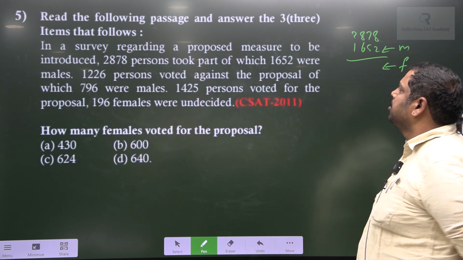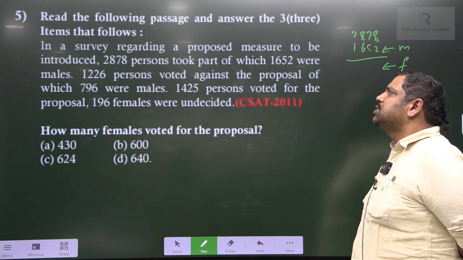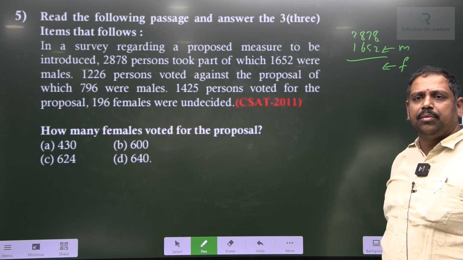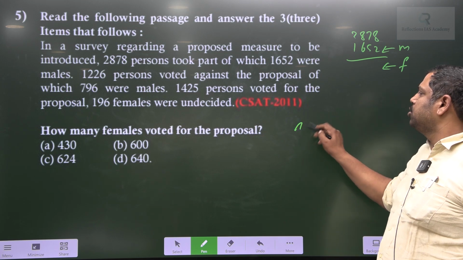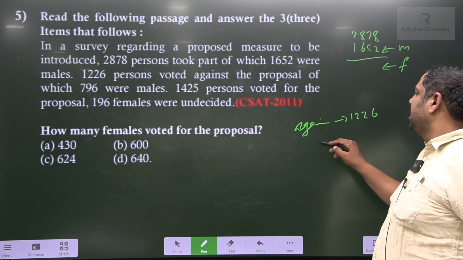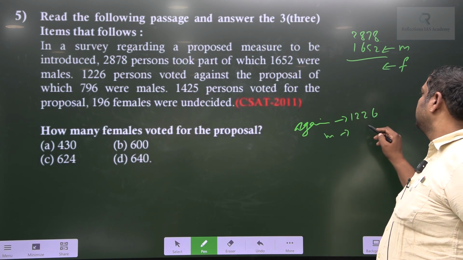Next one. 1226 persons voted against the proposal, of which 796 were males. Against is 1226.